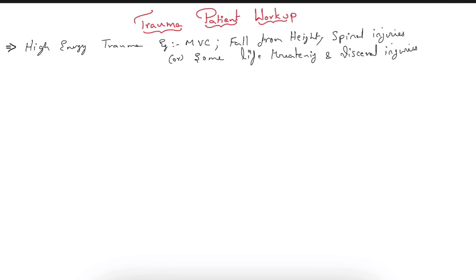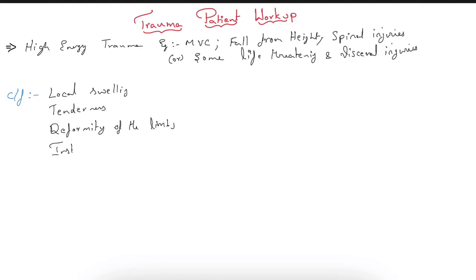Okay, so mostly what are the things we can see when the patient comes to you? What are the clinical features? First one, some local swelling, tenderness, and if there are any fractures, deformity of the limbs or extremities. In some old people we can see instability of the pelvis or spine.